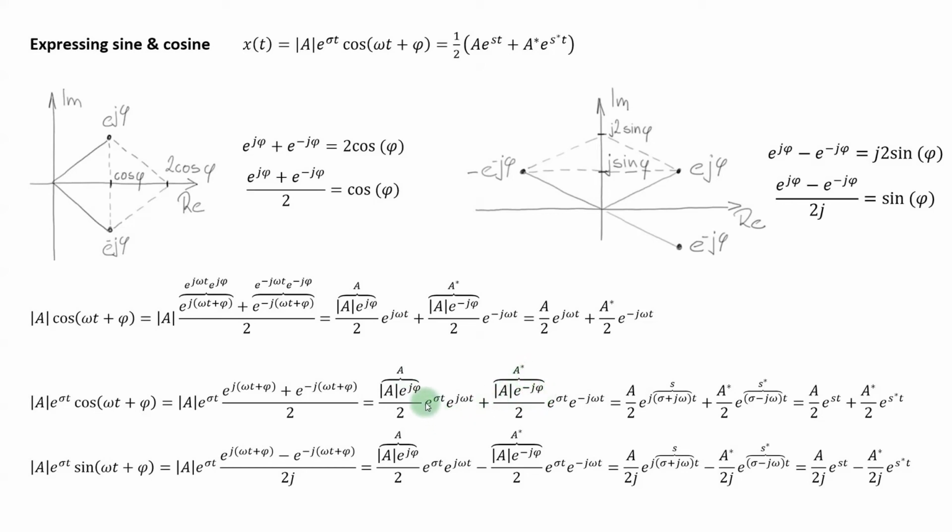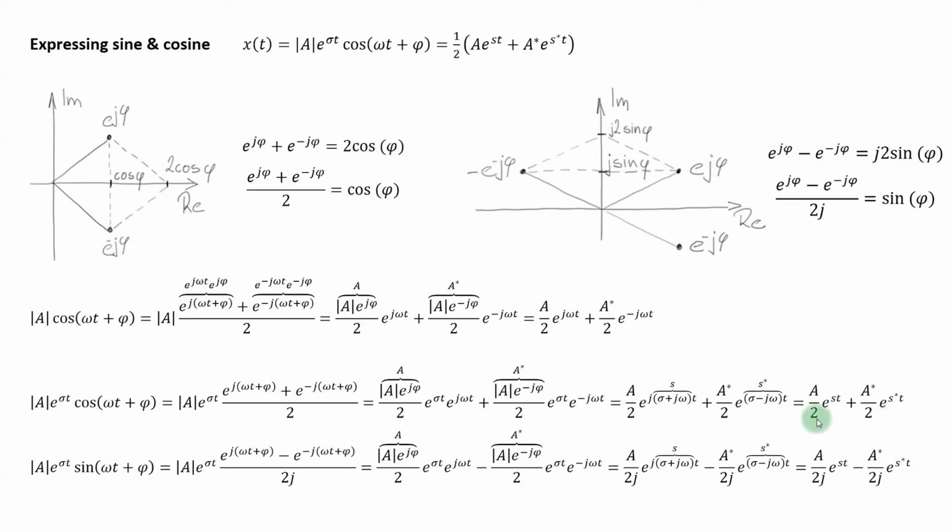Moreover, you can combine these 2 exponentials into a single exponential and these 2 exponentials into a single exponential. And you can denote this sigma plus j omega as complex frequency s, and this as minus j omega as complex frequency s conjugate. And when you do that, you can write this expression in this form.